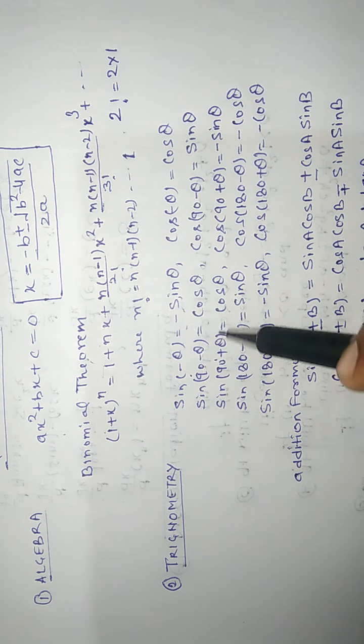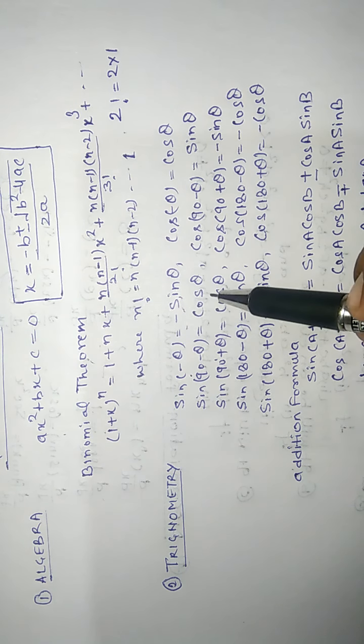Now sine 90 minus theta becomes cos theta, and cos 90 minus theta will be equal to sine theta. Sine 90 plus theta is equal to cos theta, and cos 90 plus theta is equal to minus sine theta. Similarly, sine 180 minus theta is equal to sine theta, while cos 180 minus theta is equal to minus cos theta. Sine 180 plus theta is equal to minus sine theta, while cos 180 plus theta is equal to minus cos theta.